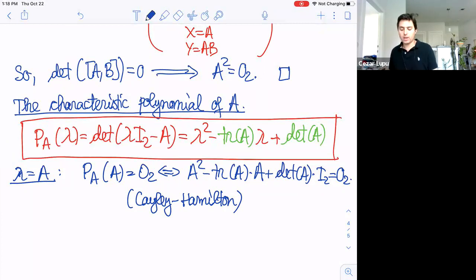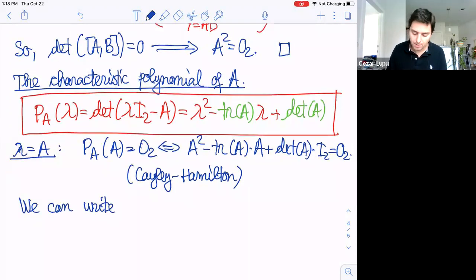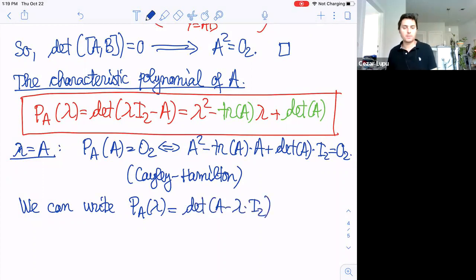And in fact, we can even write it more generally. Well, it doesn't matter the way you write it. We can write P_A of lambda, the characteristic polynomial, also as the determinant of A minus lambda times the identity, because it's just a -1 to the power 2, which is 1.